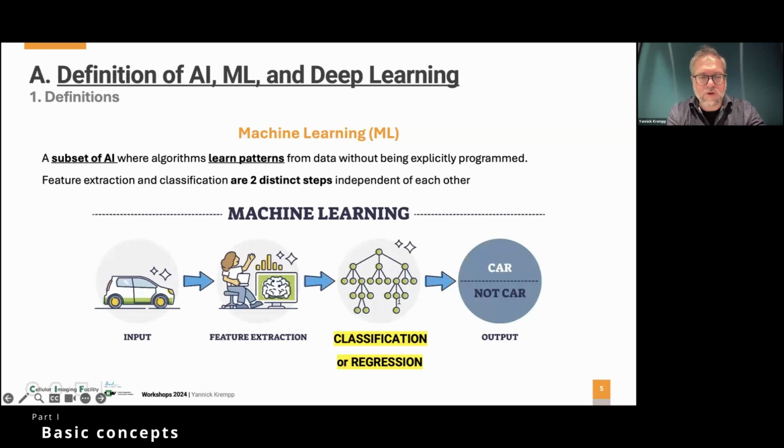The second step is what we call classification or regression. Classification is deciding if an object, an image or whatever belongs to one class or another, and regression is predicting a numerical value of something, an intensity value, perhaps. In this example, we show a photograph of a car, and the model tries to learn if it's a car or not a car.